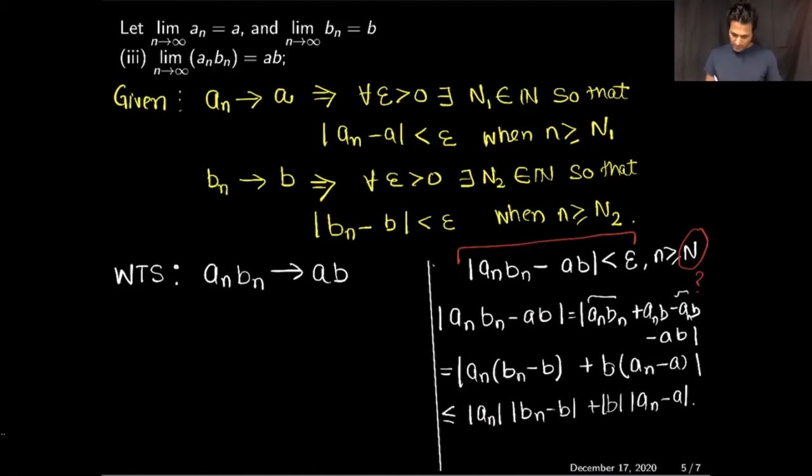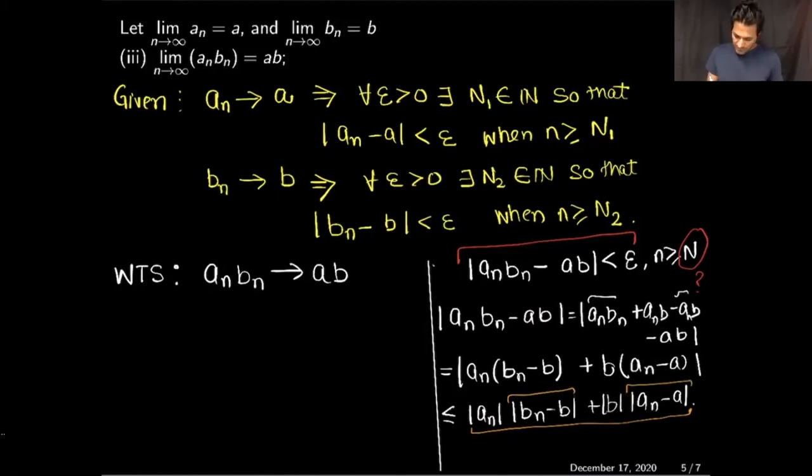Now, since my goal is to make this whole entire thing less than epsilon, and I know that this quantity is less than epsilon and this quantity is less than epsilon, and that is true for all epsilon.